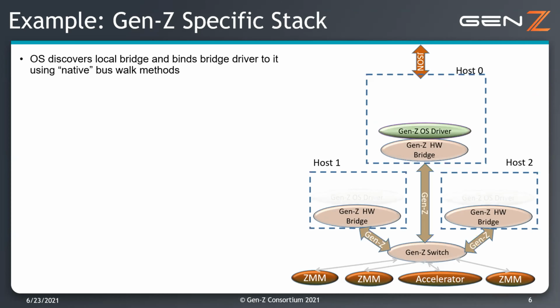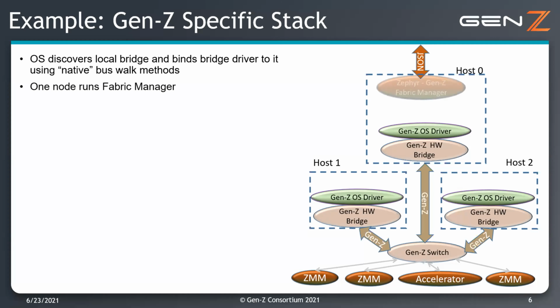Next bullet, please. So what happens in the OSs is that a Linux OS, as an example, discovers this local bridge hardware and binds a bridge driver to it, and it uses existing native buswalk methods.